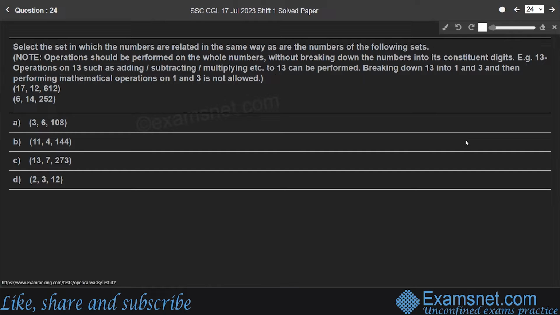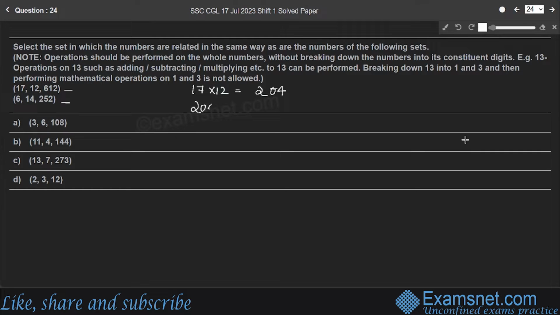So here consider the two sets which follow the same logic. The first set contains three numbers, 17, 12 and 612. Here the numbers are related as: first number 17 into 12 gives 204.